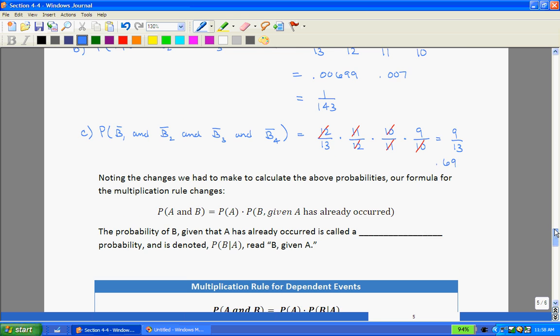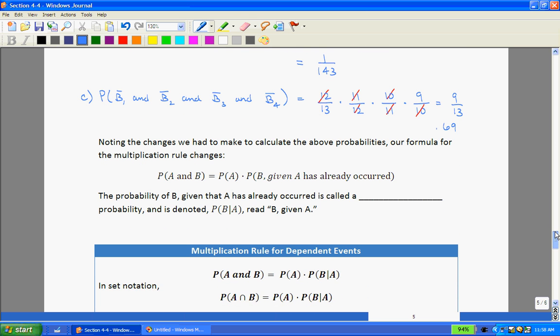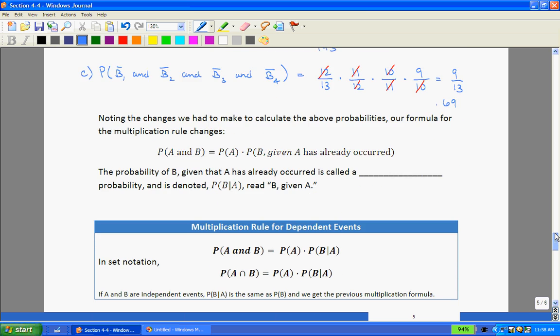Okay, so noting the changes we had to make to calculate the above probabilities, our formula for the multiplication rule changes slightly. So we still have this probability of A and B, and we're still going to multiply by probability of A, but probability of B gets a little extra here. We do take the probability of B, but we have to pay attention to, given the fact that A has already occurred.